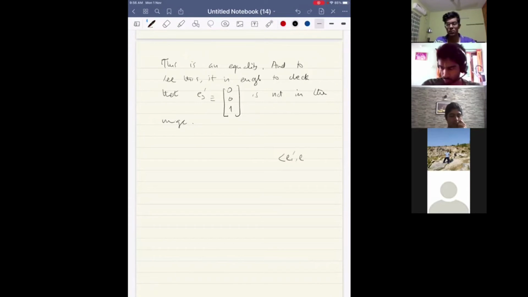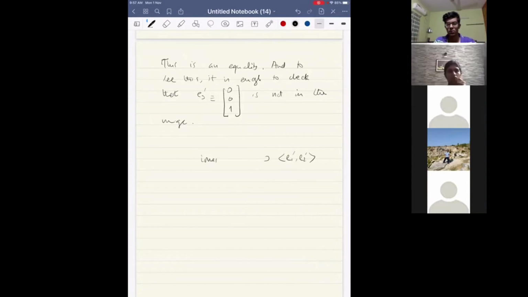The span of E1 prime, E2 prime is contained in the image of A hat. And I want to claim that in fact the image of A hat is contained in the set of vectors V1 prime, V2 prime, 0, with V1 prime, V2 prime real numbers, which is the span of this. I claim that this is also contained in the same thing.